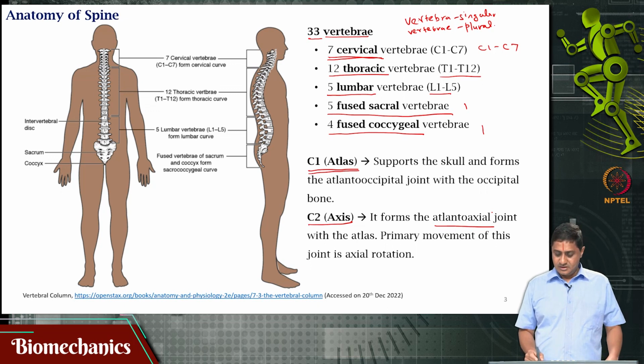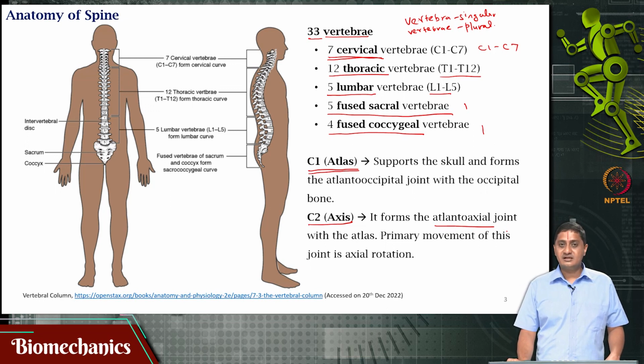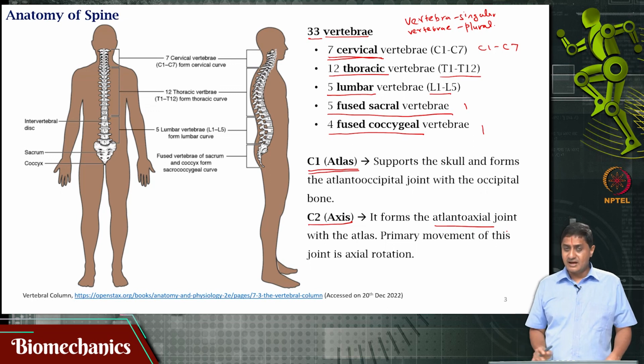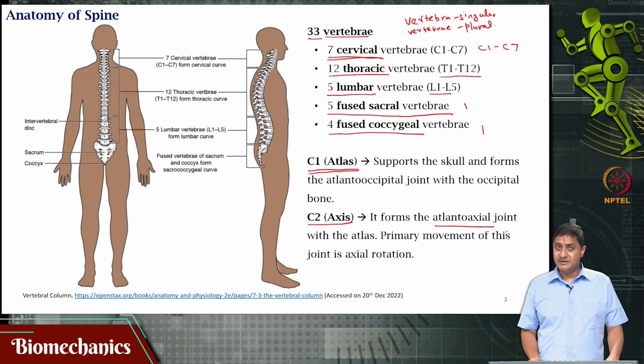This joint allows for more movement at the neck level. There are 2-3 movements that are possible. It performs a large amount of rotation like that. A lot of head rotation is possible at the atlanto-axial joint.